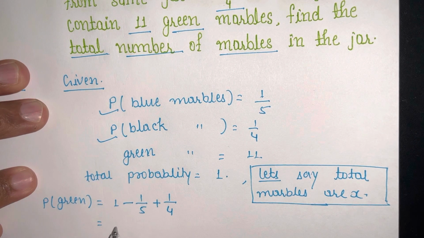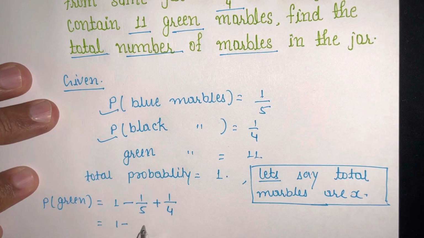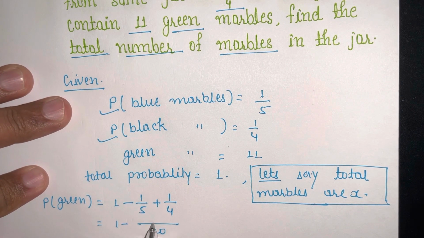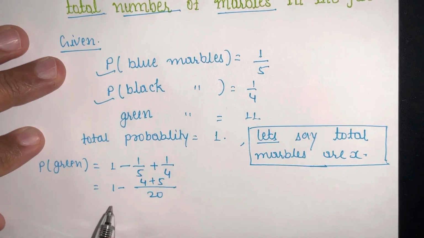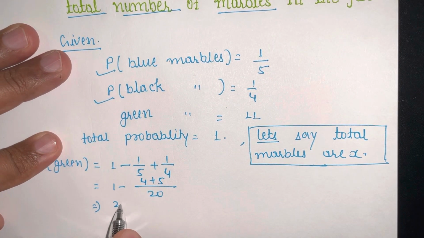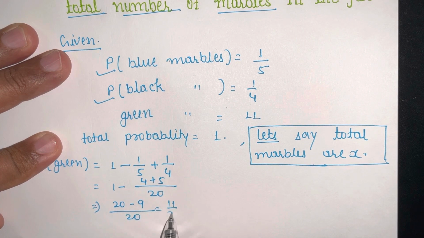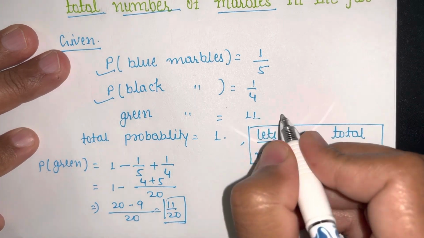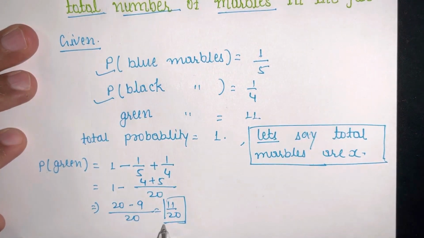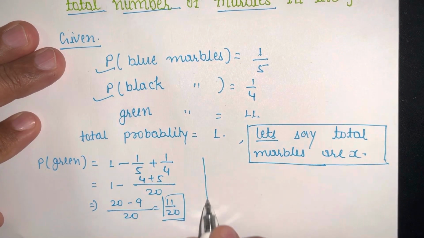If you solve this, you'll get 1 minus, the LCM will be 20, and this will be 4 plus 5, so this will become 20 minus 9/20, equal to 11/20. So the probability of green marbles is 11/20.